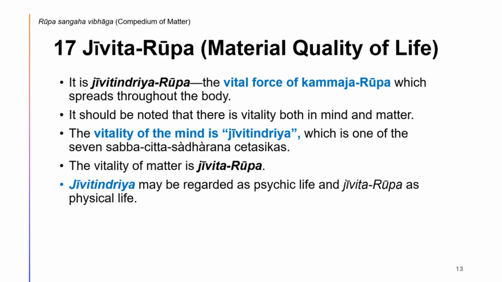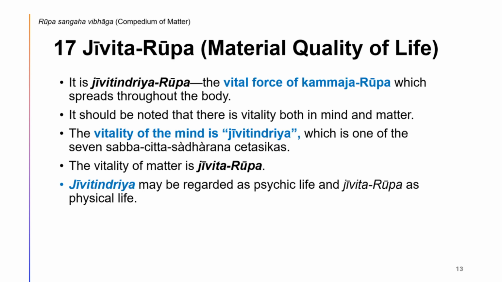When your Jivitindriya is weak, it's another sign that your life is getting short, your days can be counted. When this Jivitindriya is not there, the person doesn't have a desire to carry on living.